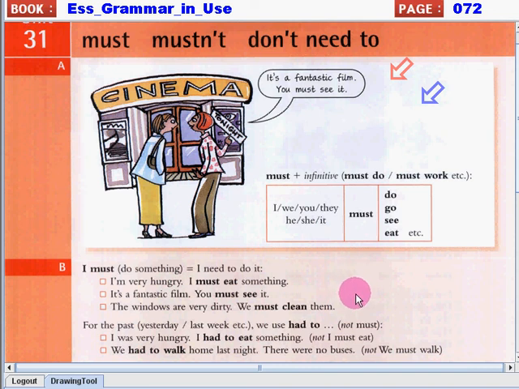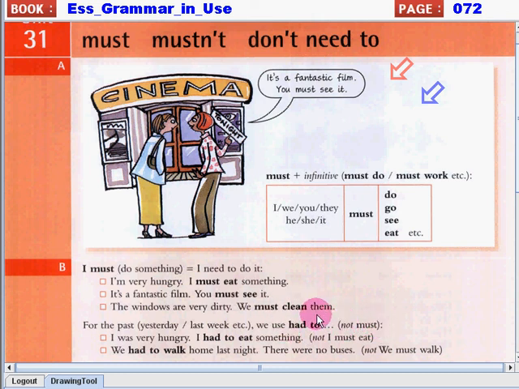Now, for the past, for example, yesterday, last week, and so on, we use the word had to, not must. Again, for the past tense, we have to use the verb had to, not must.